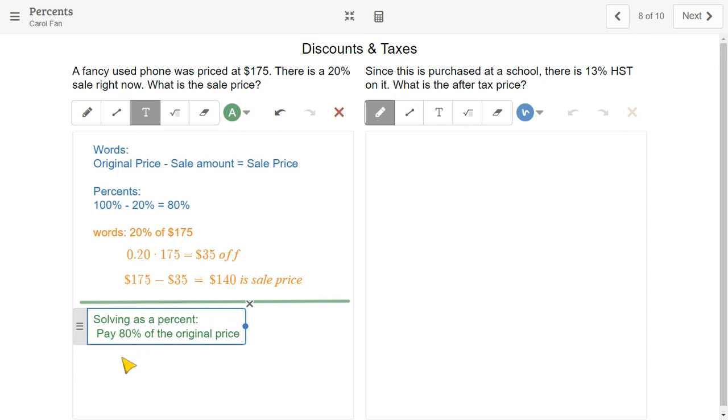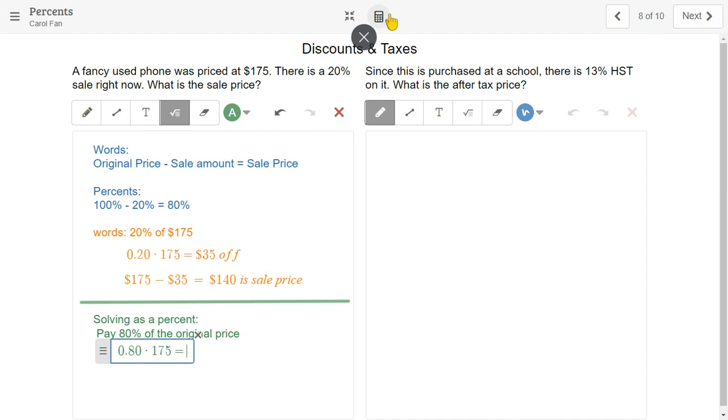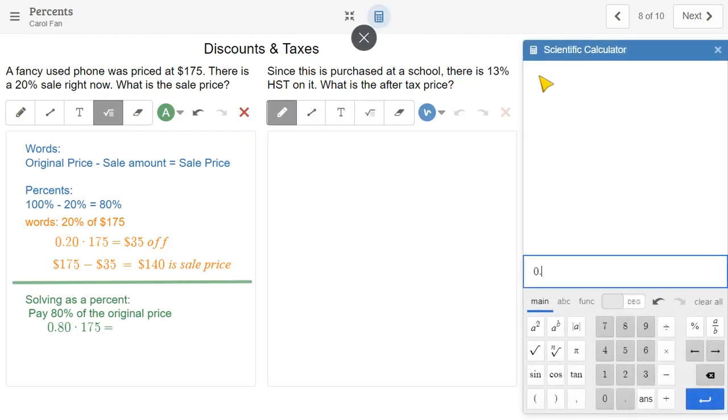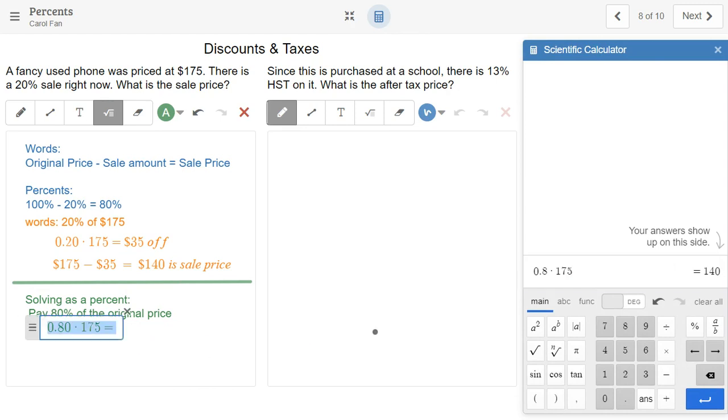If I'm paying 80% of the original, I can write 0.80 times 175. Let's put that into your calculator. 0.8 times 175, and we get the answer 140.